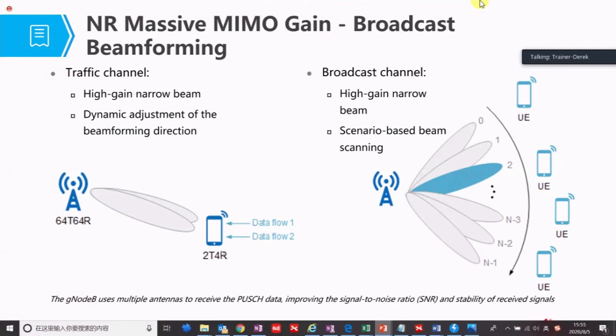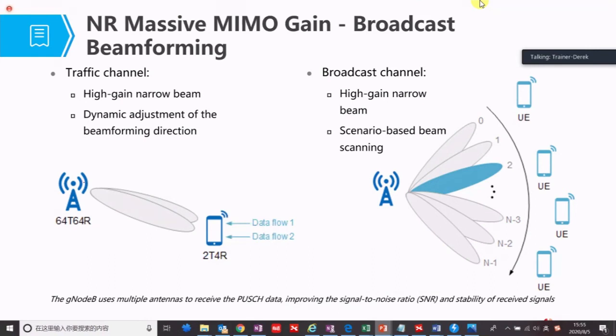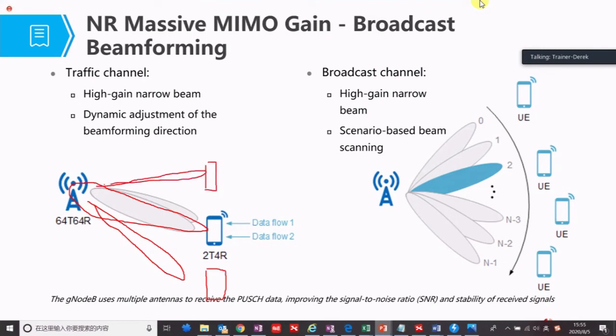If the UE is here, the base station antenna can track the UE. If the UE comes here, the narrow beam will follow the UE. If the UE is here, the narrow beam will follow the UE. This is the traffic channel. It can make sure the UE has a good signal.